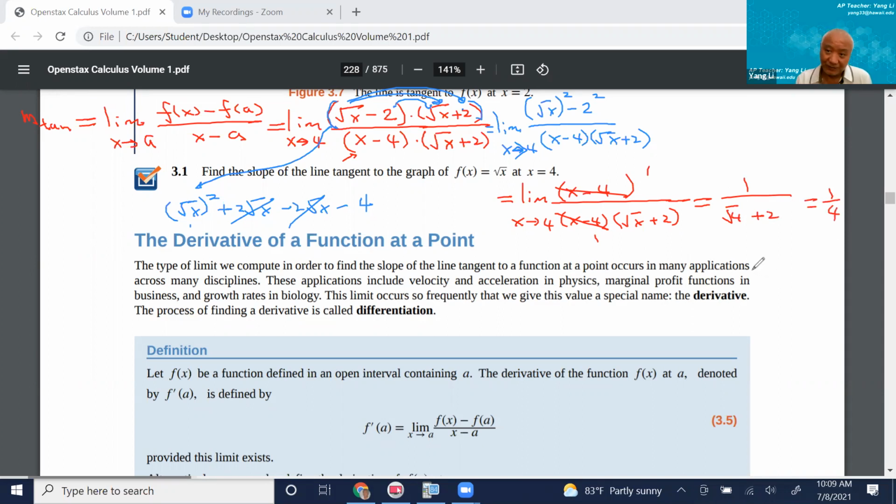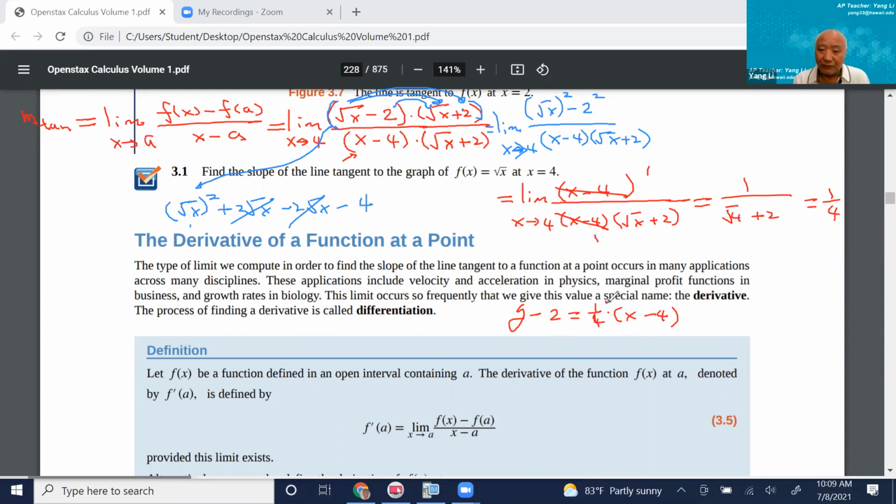Okay, we can find the slope, right? After we find the slope, we can find the slope-intercept form or point-slope form of the line. How do you find the tangent line? We can go like this here. We're going to use point-slope form one more time, okay? y minus y1, y1 is root 4. Root 4 is 2. Equals slope 1/4, and x minus what? 4, like this, right? y minus y1 equals 1/4 slope times x minus x1. x1 is 4.